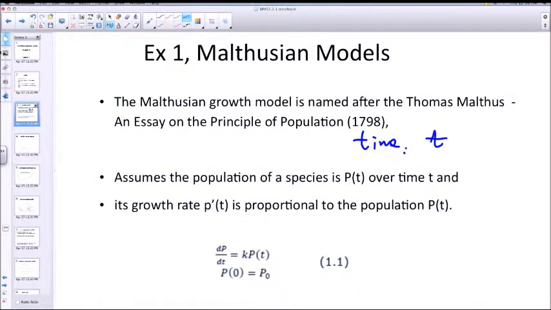So we focus on the growth rate. We know the growth rate also includes the birth and the death, for whatever reason. But this rate is, of course, proportional to the population itself.